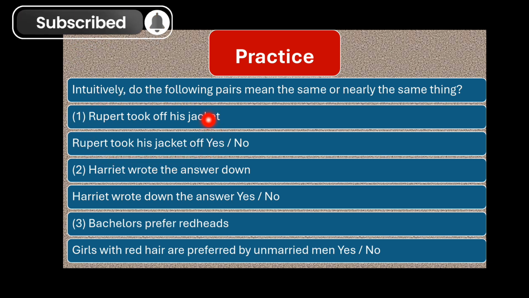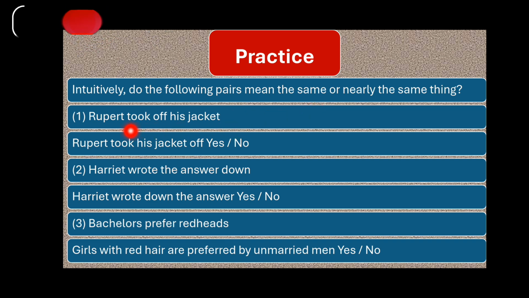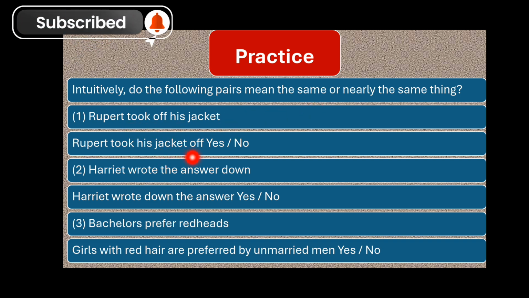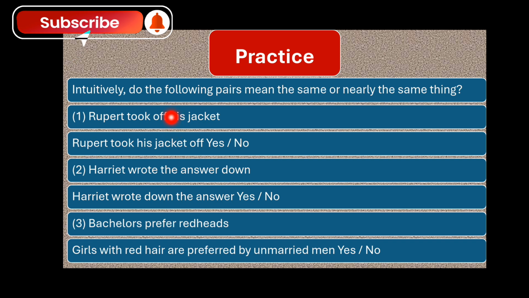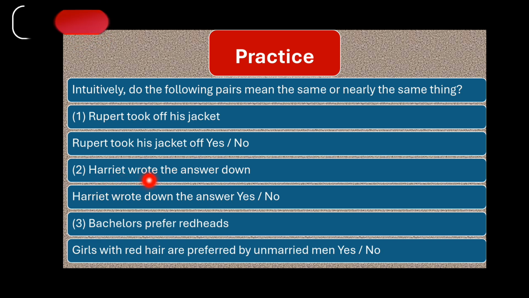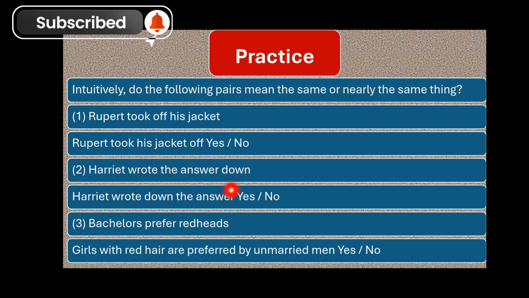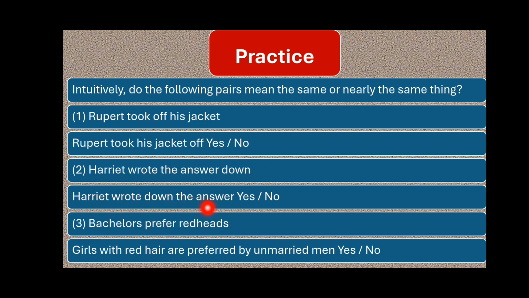The first pair: if you answer that they have the same meaning, you are correct, because took off and took his jacket off have the same meaning. Only the object is placed between the phrasal verb. And Harriet wrote the answer down, and Harriet wrote down the answer.